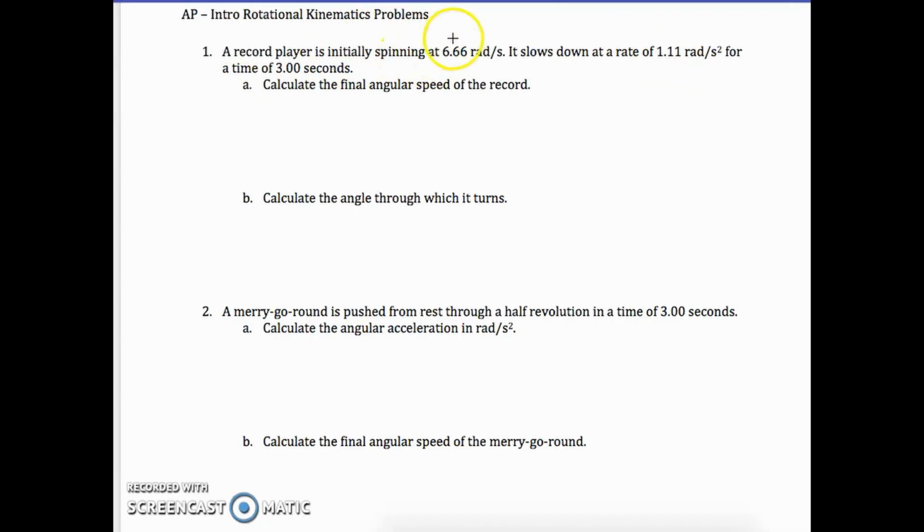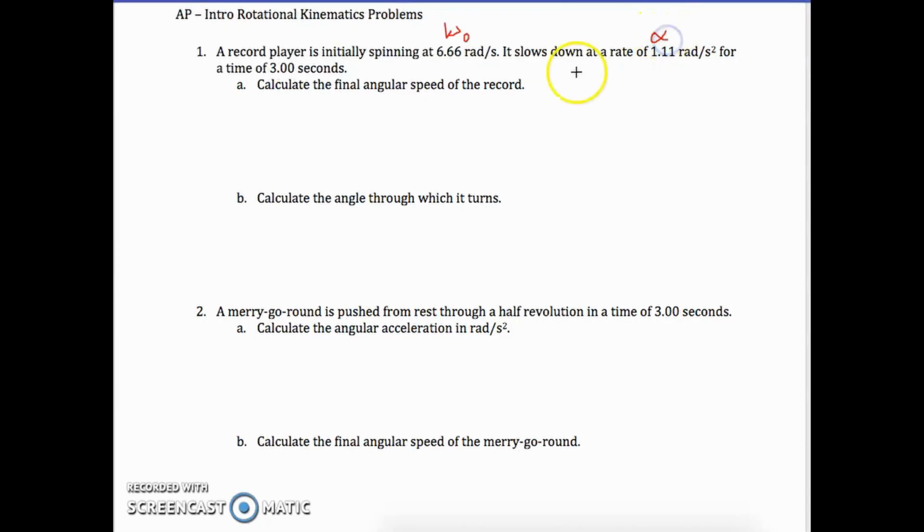So initially spinning at, this will be the original speed, this will be the acceleration, and this will be the time. So what we can do is make our list of variables, but now with the angular variables, and pull from the story the numbers that we are given.